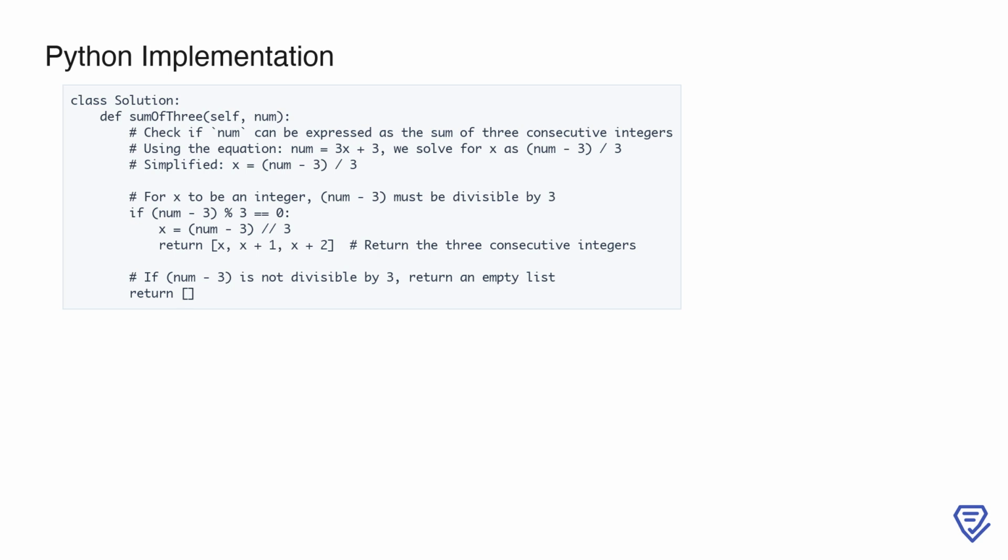The function first checks this condition using the modulus operator, (num minus 3) % 3 equals 0. If the condition holds, it calculates x as (num minus 3) divided by 3 to ensure integer division and returns the three consecutive integers as a list: x, x plus 1, x plus 2. If num minus 3 is not divisible by 3, the function returns an empty list, indicating that no such three consecutive integers exist for the given number.